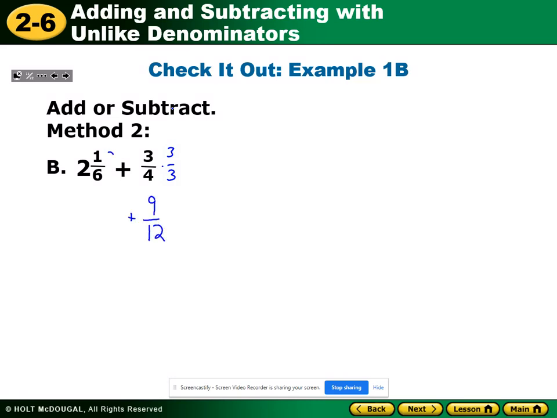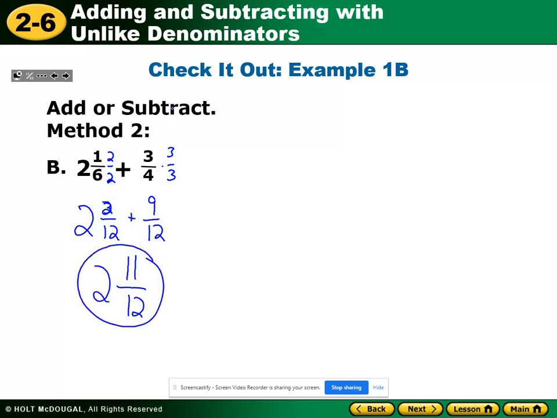This side, if I do 2 over 2, I get 2 twelfths. And I know that there's that whole number 2 in front. 2 twelfths plus 9 twelfths is 11 twelfths. Don't forget your whole number, 2 and 11 twelfths. There is our answer.